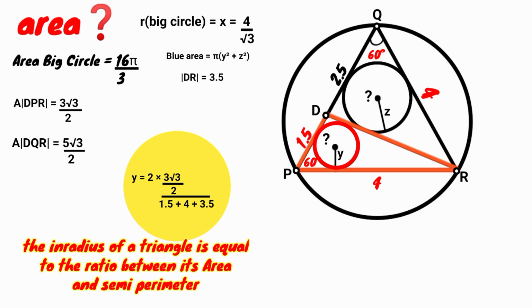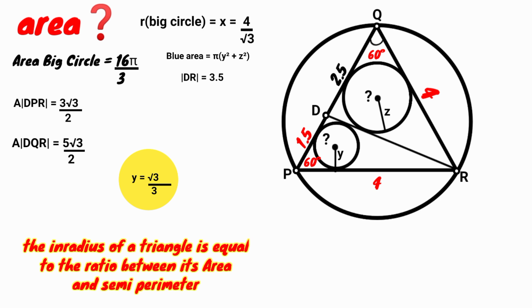So y equal to 2 times 3 root 3 over 2, all over 1.5 plus 4 plus 3.5. 1.5 plus 4 is 5.5. 5.5 plus 3.5 is 9. This 2 cancels this 2, and this 3 can go into this 9 3 times. So y equal to root 3 over 3.